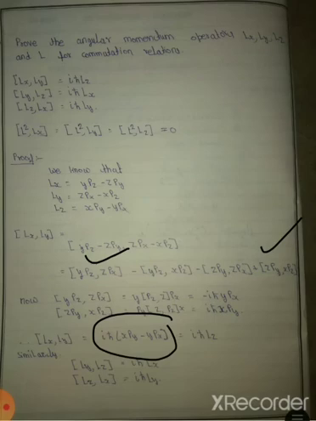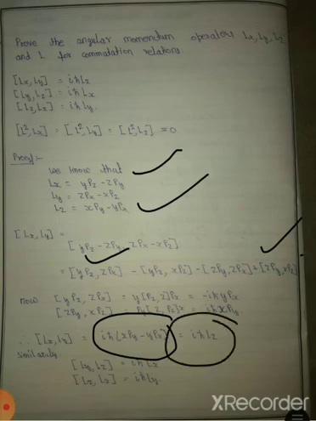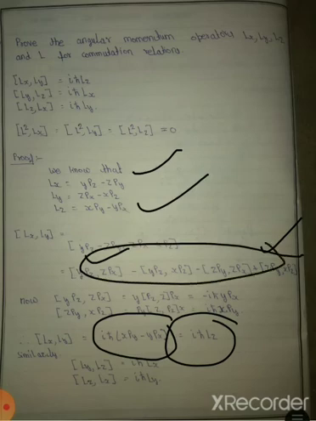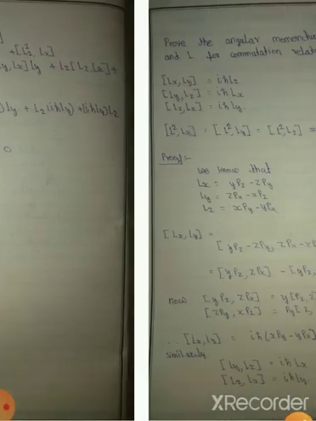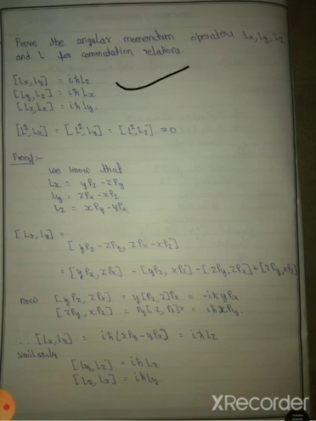So we know that this result is Lz, x py minus y px. So all these terms give us iħ Lz. Similarly for Ly and Lz, and Lz and Lx.